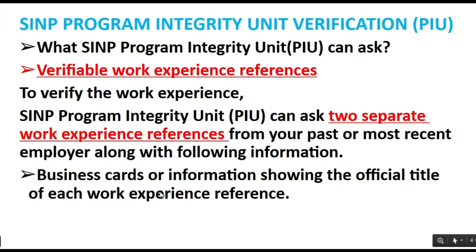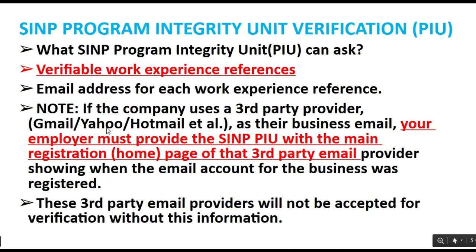The next thing is you should provide the official email address of the work experience reference. And if the company uses a third party provider such as Gmail, Yahoo or Hotmail as their business email, then your employer must provide the SINP PIU with the main registration page of the third party email provider, which shows when this email account for business was registered.